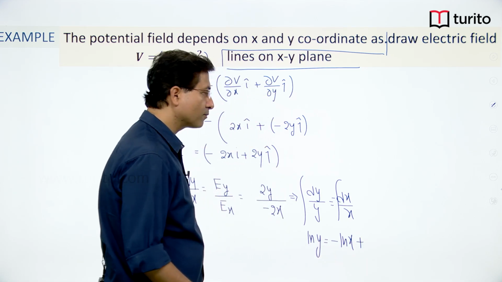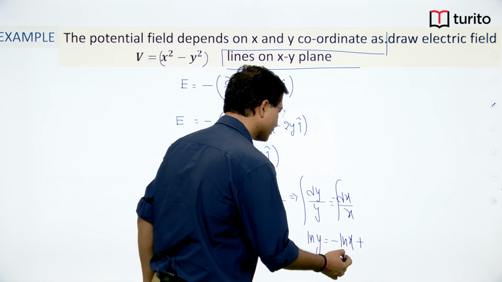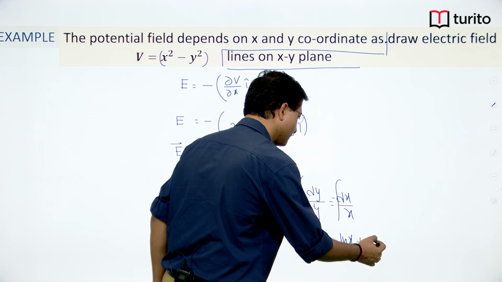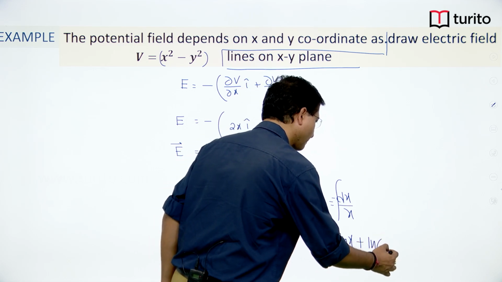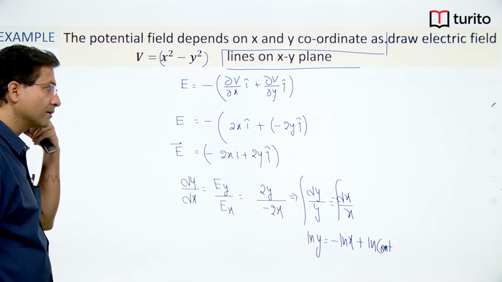plus some constant. That constant might be log of something, right. So, I can also write ln constant. So, we can simplify this one, right.